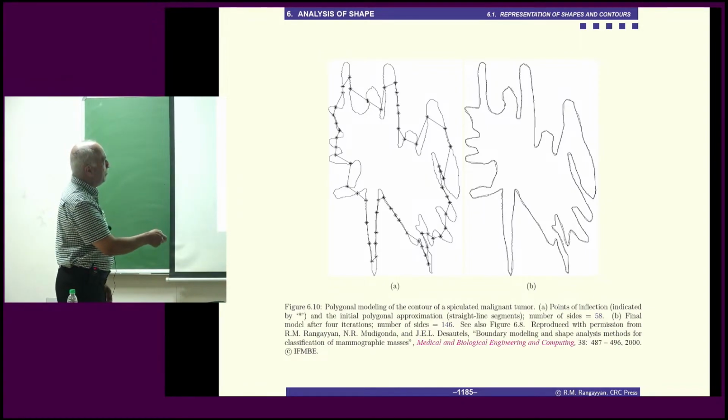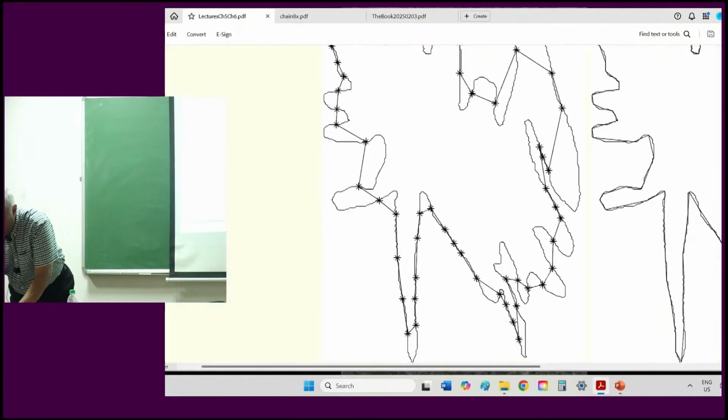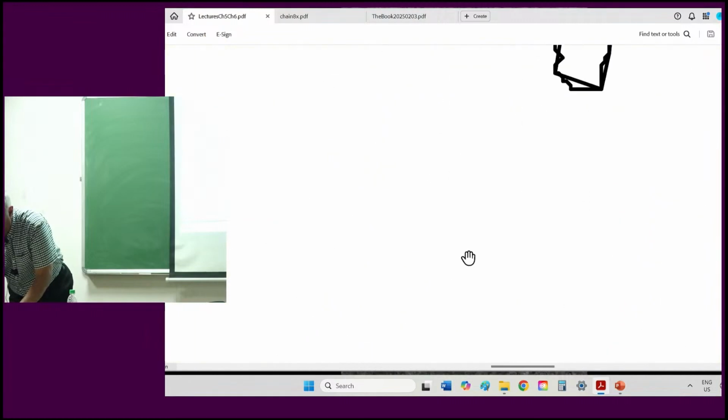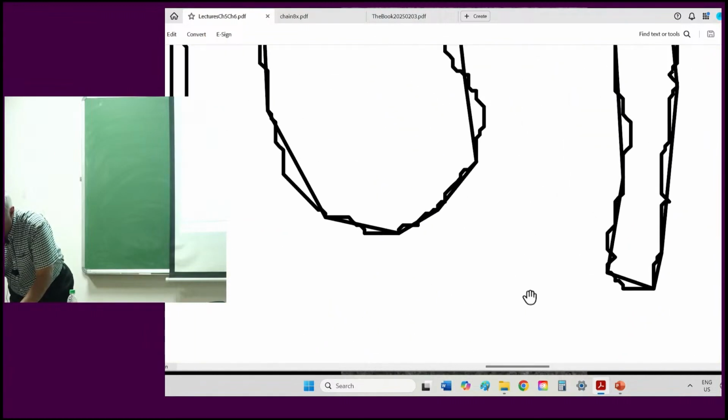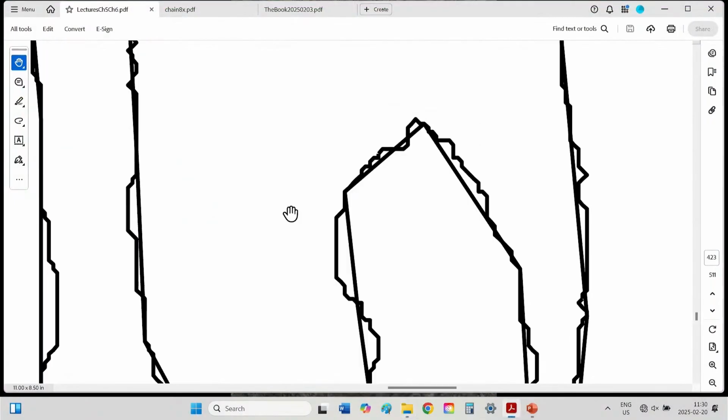And we haven't marked all the points here, but the straight line is there. There are 146 sides there. And that is a better approximation in terms of one polygon, not polygons. So you see the actual contour and the sides of the polygon. Okay?